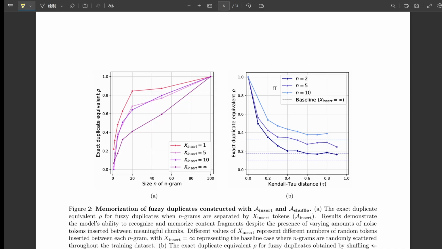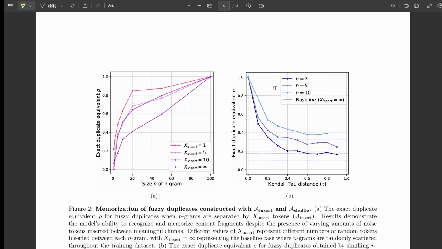Now, MIAs themselves aren't new, but applying them this way, specifically to quantify the effect of fuzzy duplicates, that's the innovative step. Right. Okay. So the MIA tells you if it's memorized. But how did they link that back to the fuzzy duplicates causing the memorization? That's where they introduce another really clever metric, the exact duplicate equivalent, rho.